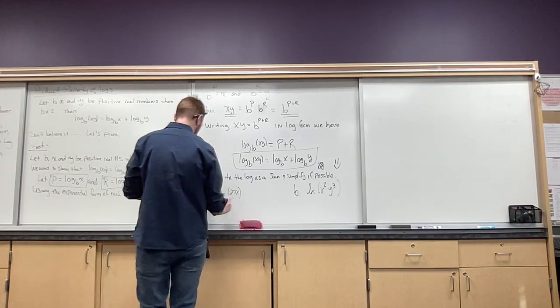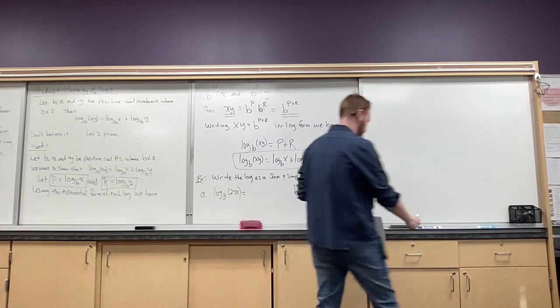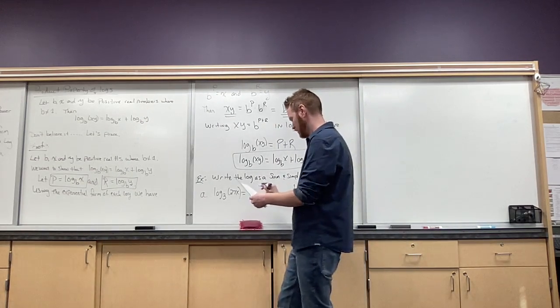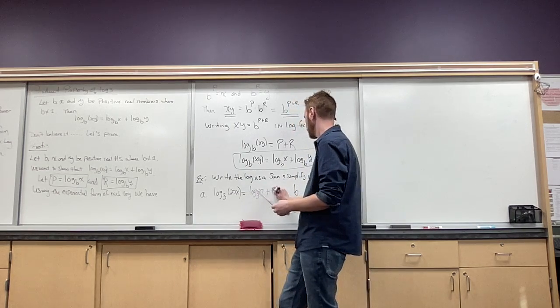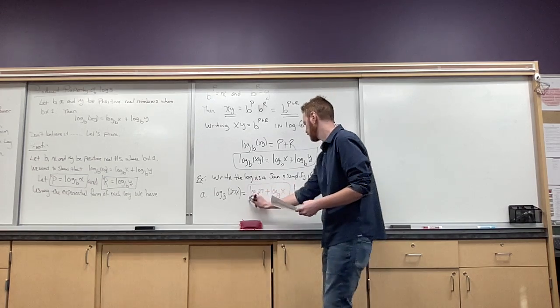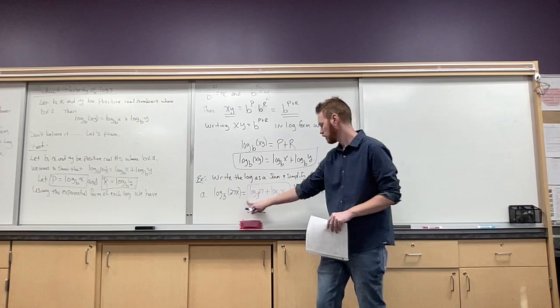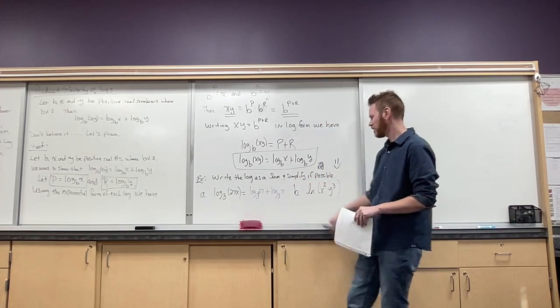So let's use it. Just to make it pop, let's use a different color. So this is going to be log base 3 of 27 plus log base 3 of x. Actually, wait a minute, oh, I jumped the gun. Let's try that again.